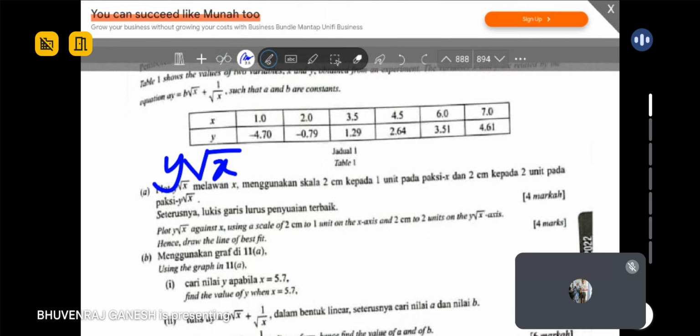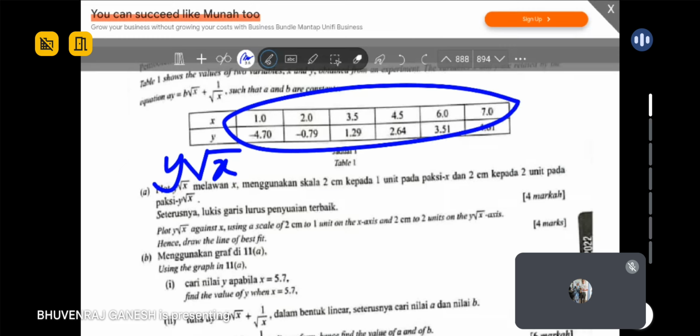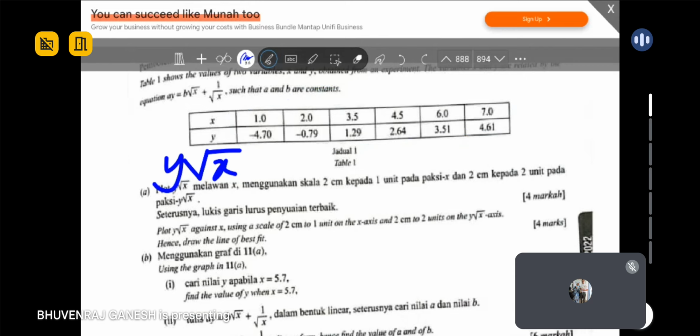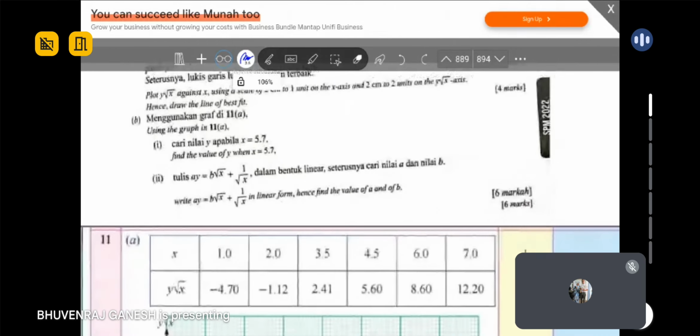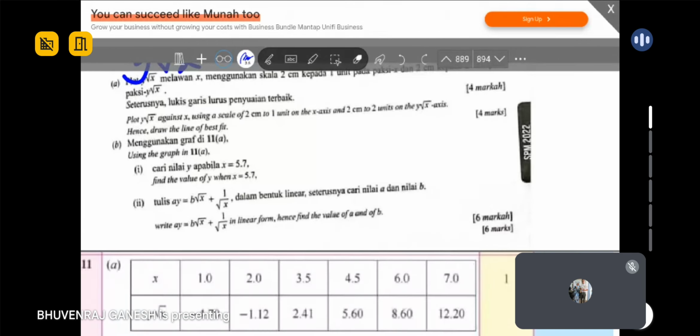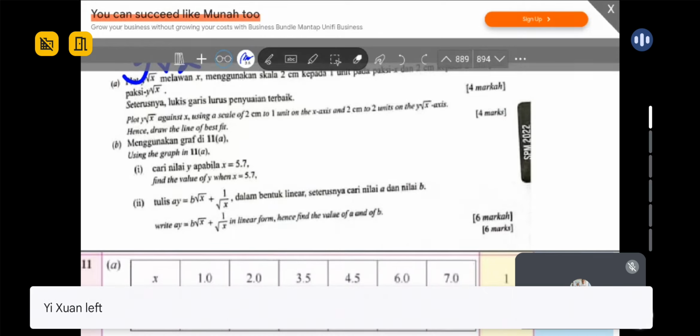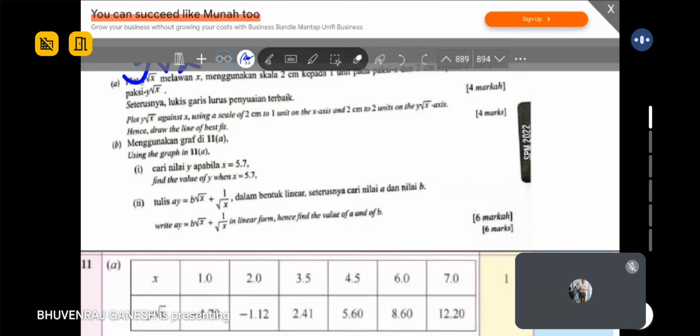Must draw the table, guys. Use the calculator to find all these values. I don't need to show that, it's very easy. After you press the calculator, you should get all these values. Then try to maintain your decimal places, the same decimal places. Here it is 2. You must follow the scale given.